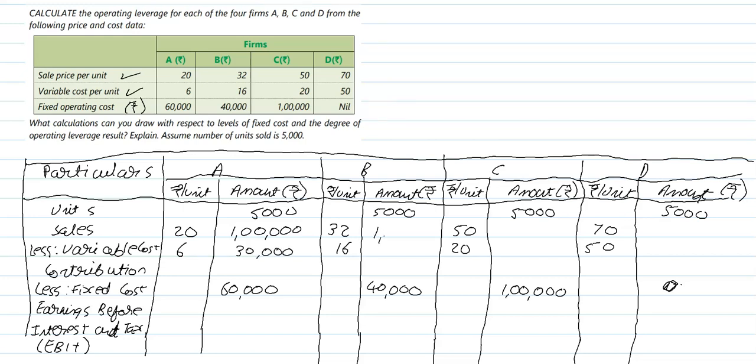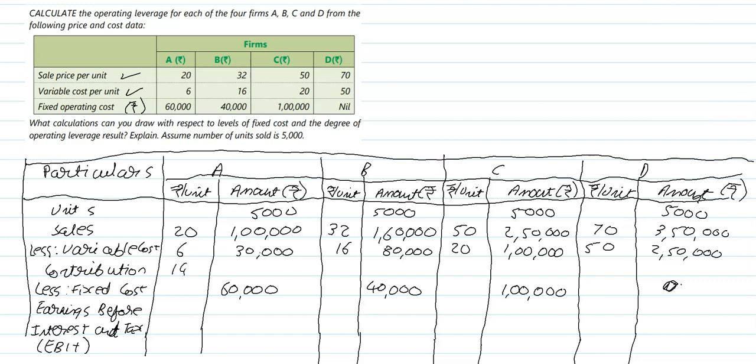Similarly, 1,60,000, 80,000, then 2,50,000, 1 lakh, 3,50,000, 2,50,000.